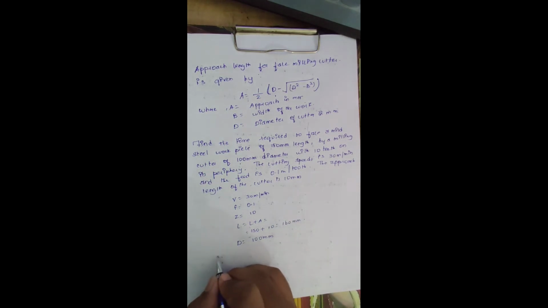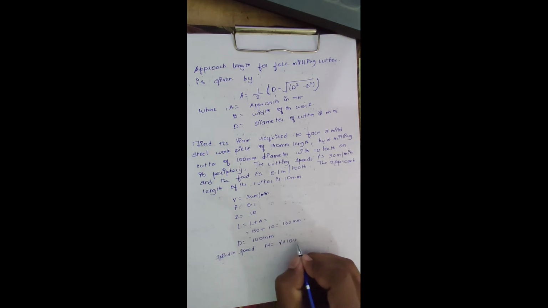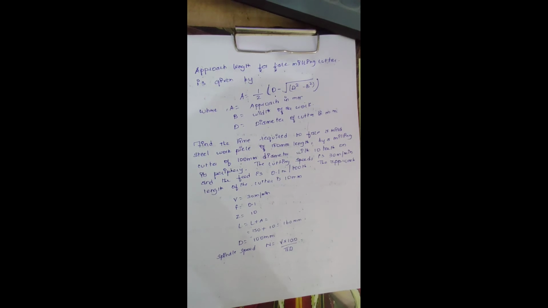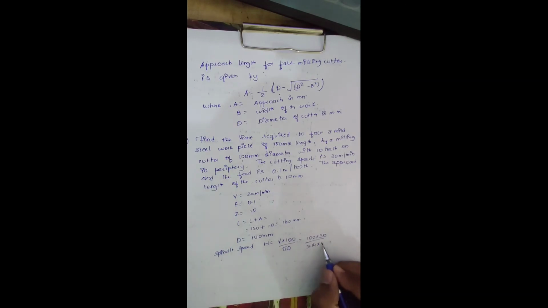The formula is N is equal to V into 1000 by pi D. So 1000 into 30, pi is 3.14, into diameter 100 mm, which comes to about 96 RPM.